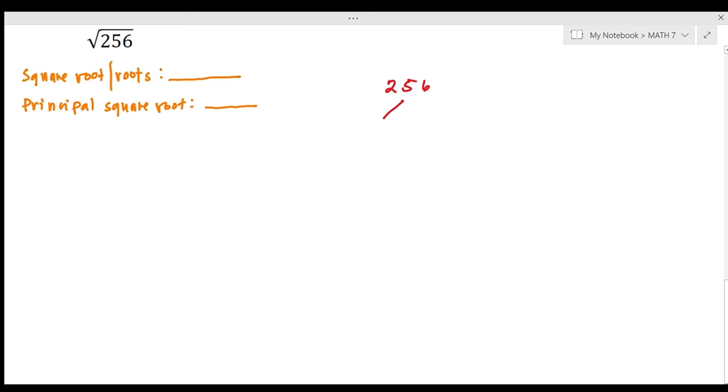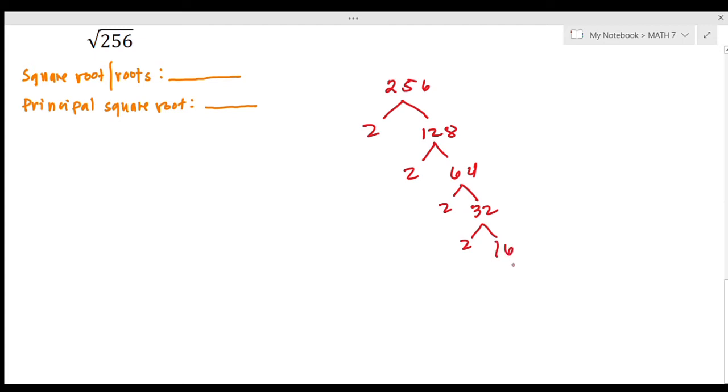So 256 can be divided by 2 and the result is 128, and also 128 can be divided by 2 and the result is 64, and also 64 can be divided by 2 and the result of that is 32, and also 32 can be divided by 2 and the result is 16.